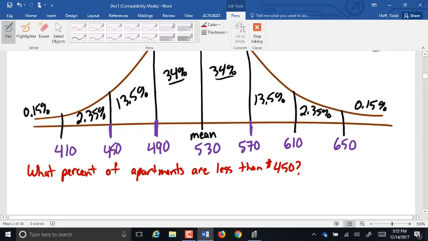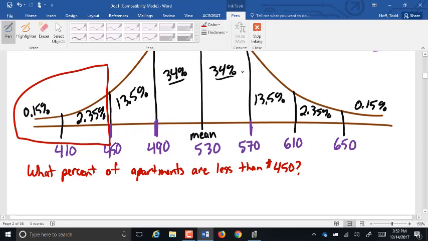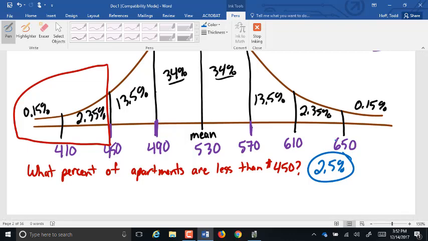Well, to answer that question, we find 450 on this graph. It's right here. Less than would be to this side here. If we add those numbers up, that adds up to 2.5. Well, only 2.5% of apartments have rent that's less than $450. So there's not many of them that are less than $450 for rent.